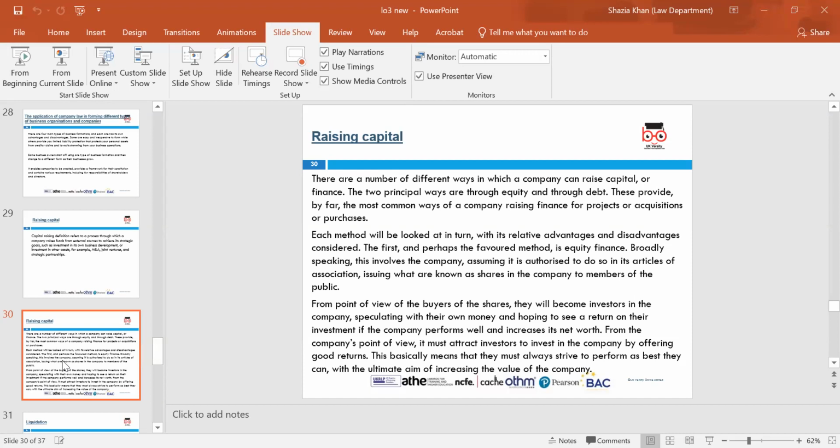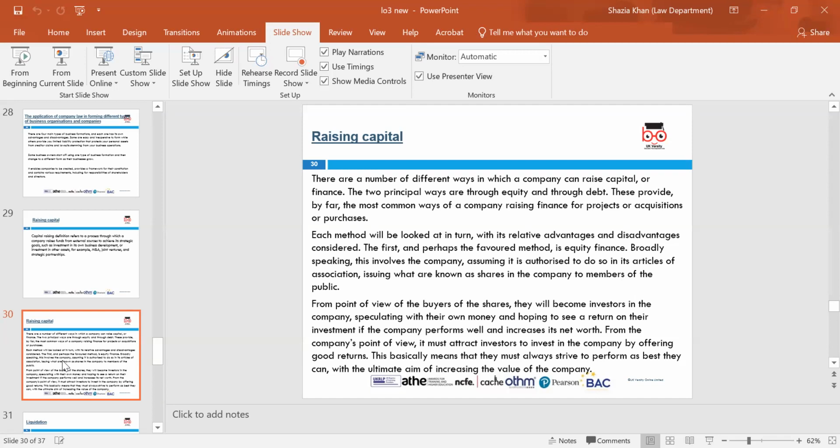From the point of view of the buyer of the shares, they will become investors in the company, speculating with their own money and hoping to see a return on their investment if the company performs well and increases its net worth. From the company's point of view, it must attract investors to invest in the company by offering good returns. This basically means that they must always strive to perform as best as they can with the ultimate aim of increasing the value of the company.